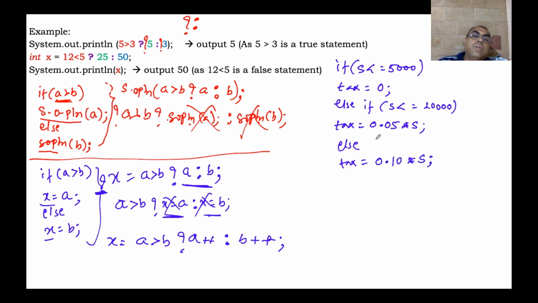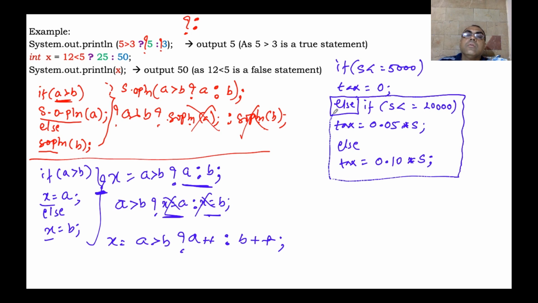Now if I have to convert this into the ternary operator, there are two conditions involved. This whole thing is the else for this if, and this if has got an else over here. So we are also going to write the same way inside the condition.